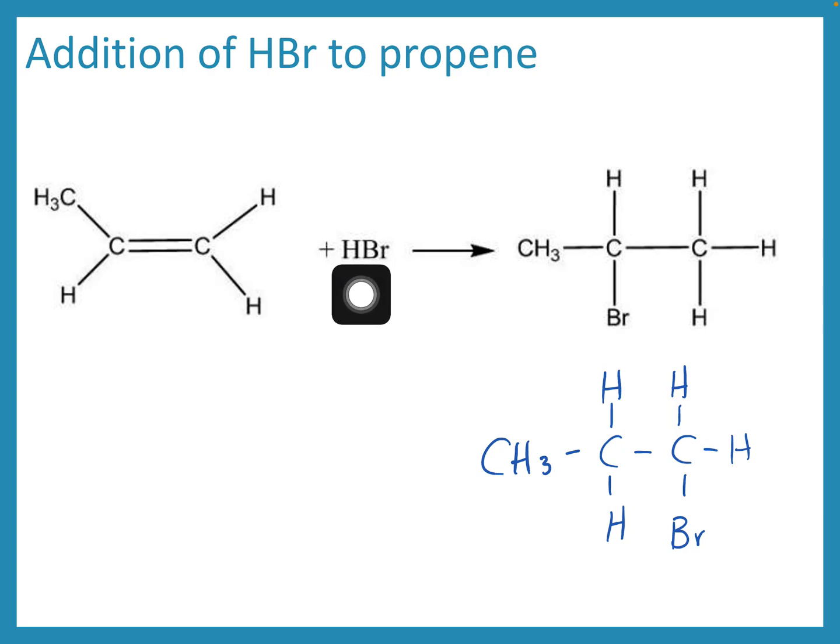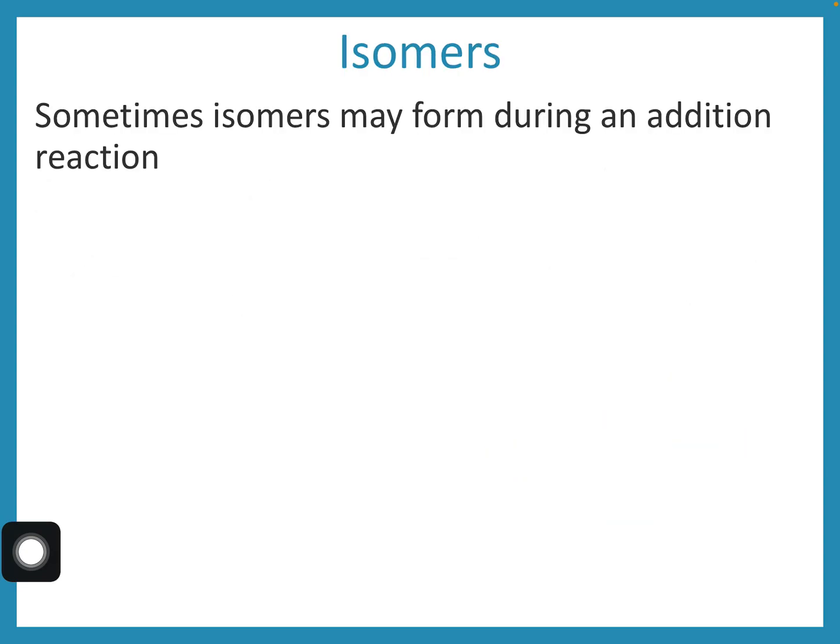Once we add the hydrobromic acid, hydrogen attaches to one carbon and bromine to the other. So in this case, it doesn't matter which end I number from, this is going to be 2-bromopropane. And over here, this is going to be 1-bromopropane. So how do we determine which one happens? So those are called isomers.